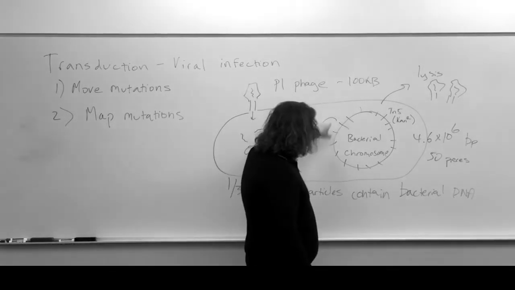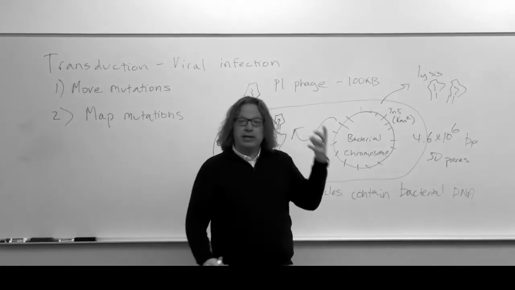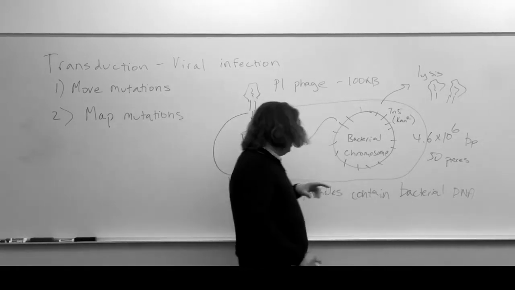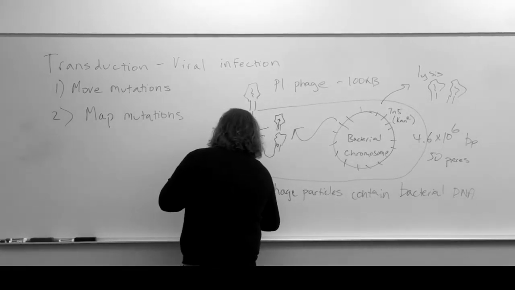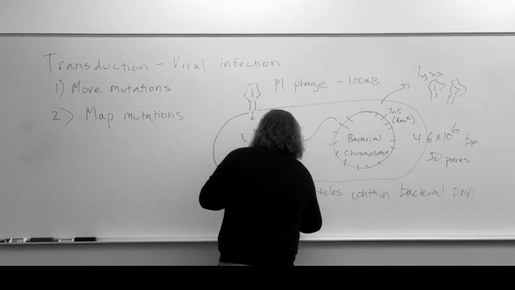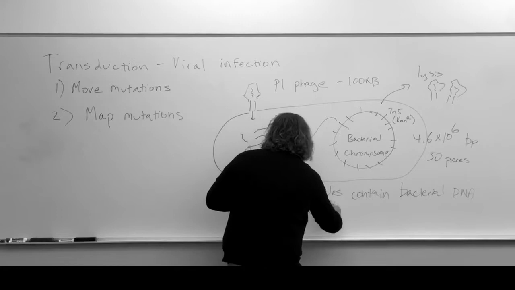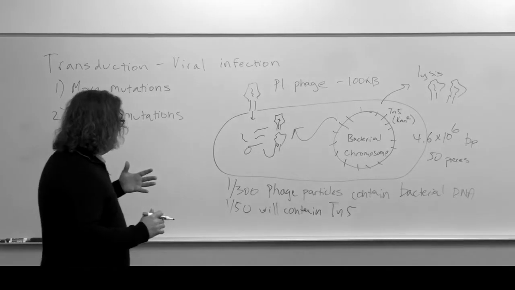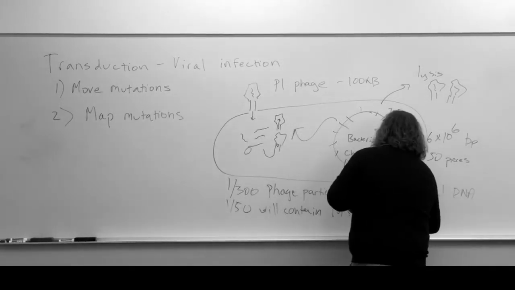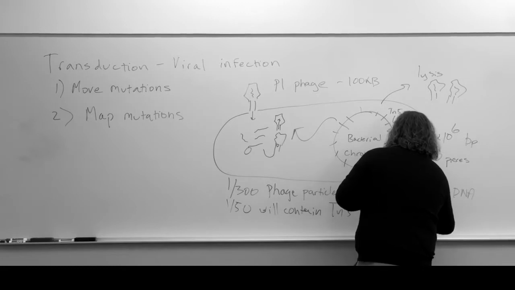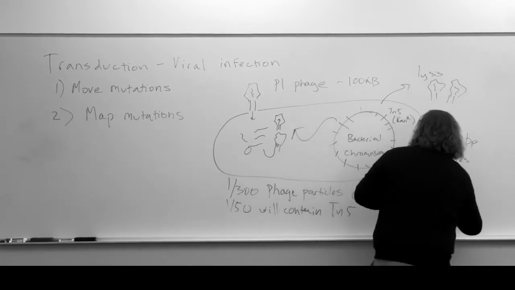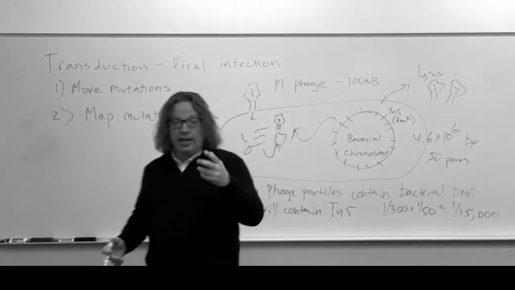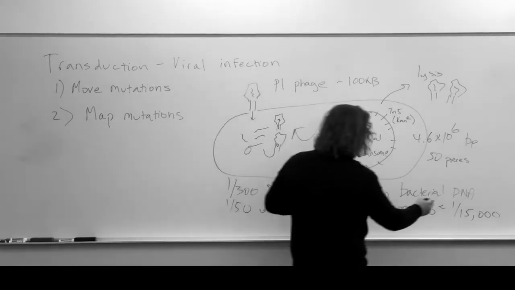And in 1 in 50 events, the bacterial chromosome or piece of DNA that's actually packaged will contain this TN5 insertion, just like it would contain any bacterial gene of interest. And so roughly 1 in 300 times 1 in 50, so 1 in 15,000 phage will contain TN5.